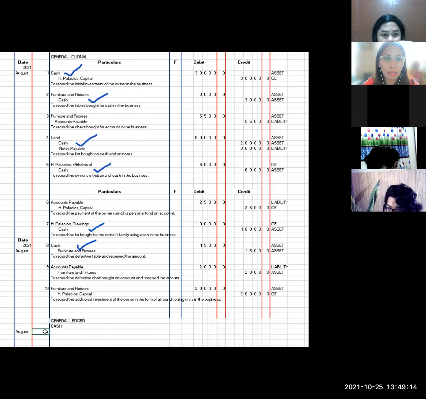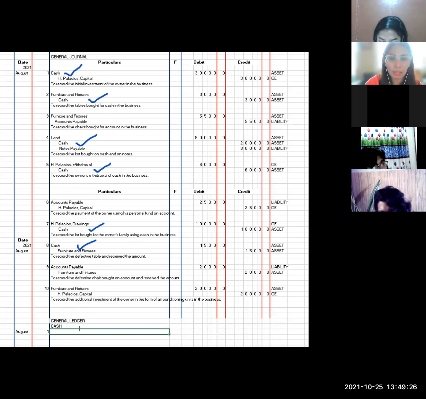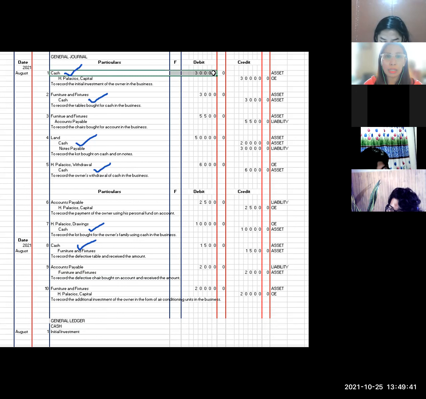August 1. So what's this one? Investment. Initial investment. Yung unang cash natin. Debit. Magkano po? Ito yun ha. Please refer to this entry. Ito yan. And then we have here debit.